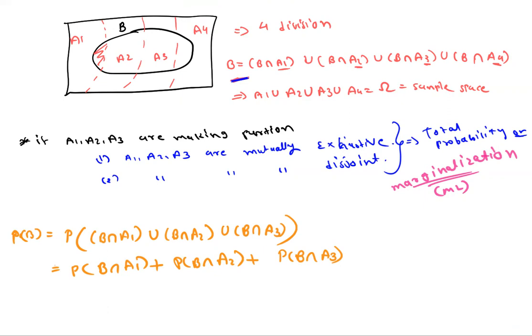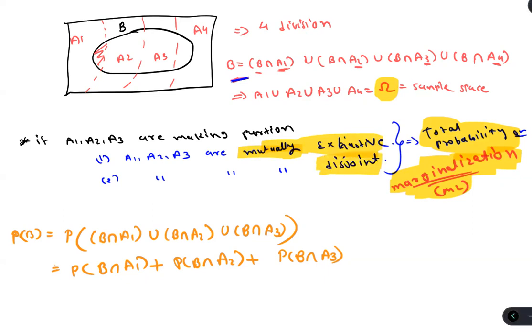Let me give the conclusion for this part, which is called total probability or marginalization. What we saw here is, if we have an event whose probability we can't find directly, we find it based on the given partitions. The conditions for the partition are that the union of the partition should be the sample space, which means it should follow the mutually exhaustive property, and they are mutually disjoint.